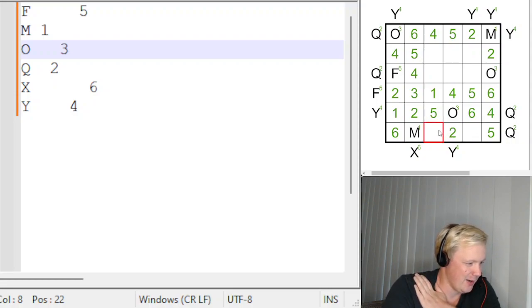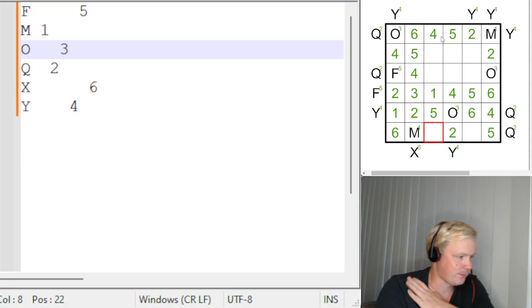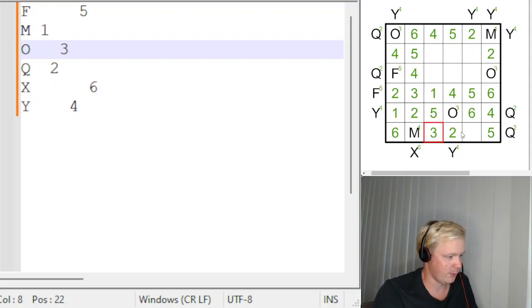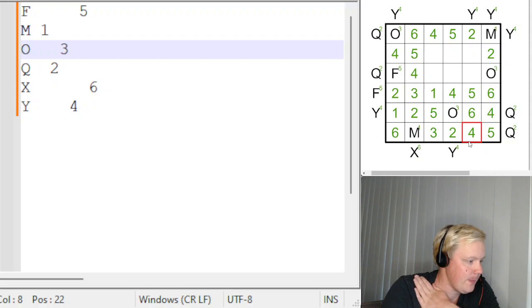So 3 and 4, is it? 4 is already here. So this is a 3, and this is the 4. What about, what are we missing here now? Oh, actually, we should see whether this is already satisfied. 2, 3, 4, all seen. The 6, wherever it is seen. And the 1, whichever it is hidden. So this is already satisfied.